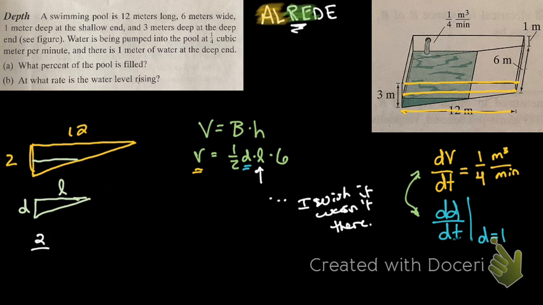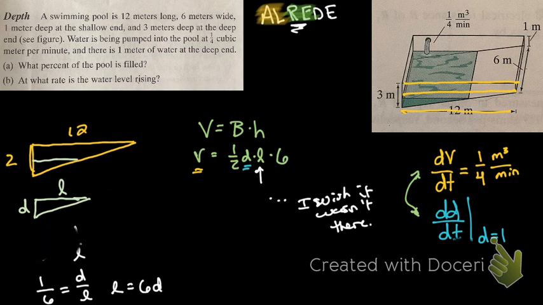I can say 2 over 12 equals D over L, or in other words, 1/6 equals D over L, or in other words, if I solve that, I know that L is really 6D, right? If I just rearrange that equation. And this makes sense because the length is huge and the depth really isn't.